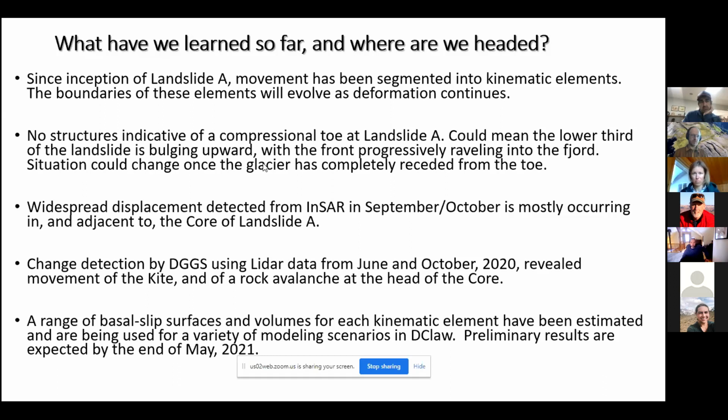And then in terms of how this fits into the DCLAW modeling that's ongoing, this is both a landslide model integrated with a tsunami model. So it's going to be both. In the case of an earthquake, everything would fail at once.